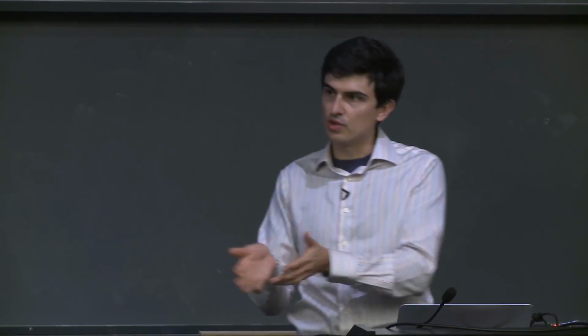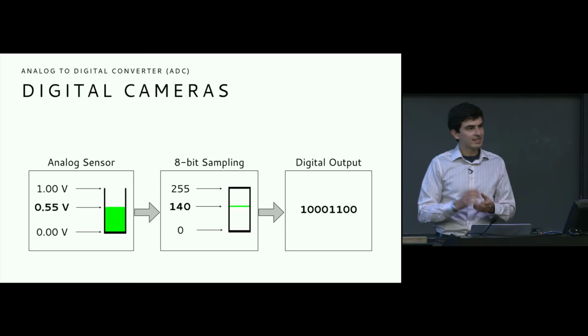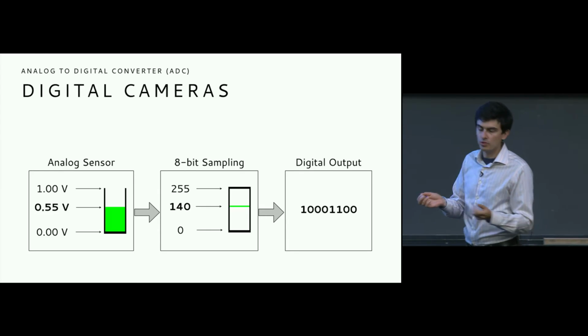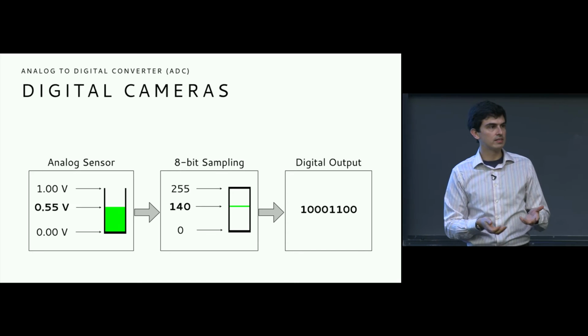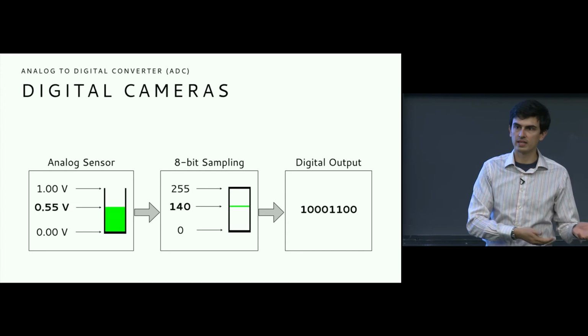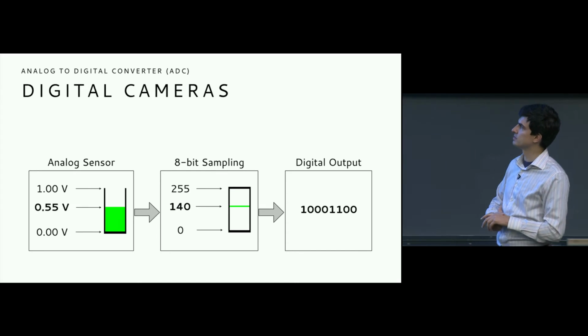How do we then convert that into some digital number that allows us to perform this modification? Well, there's a device in a camera called an analog to digital converter that does precisely this. That given some voltage, it will then pick an appropriate digital value for that original voltage.